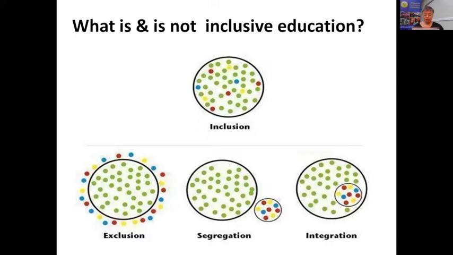Informal exclusion is when disabled pupils and students are sent home during the school day, such as lunchtime, or are placed on a part-time timetable.